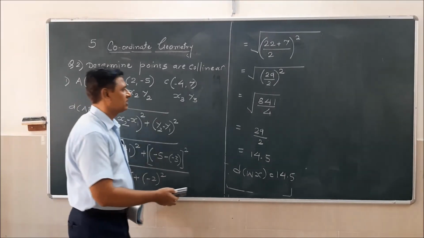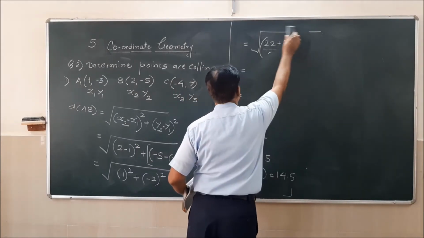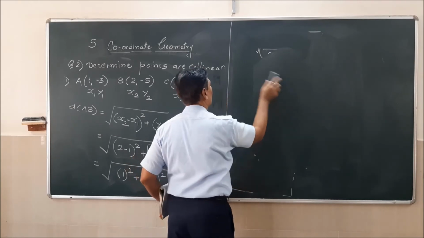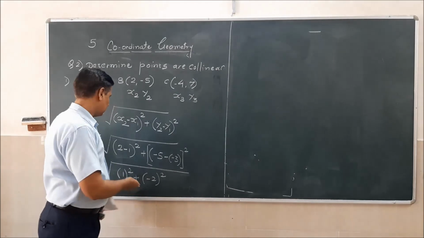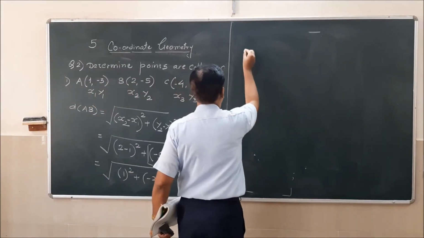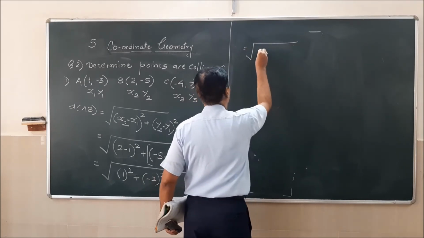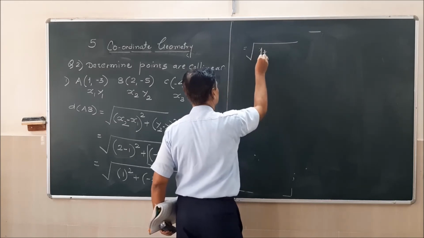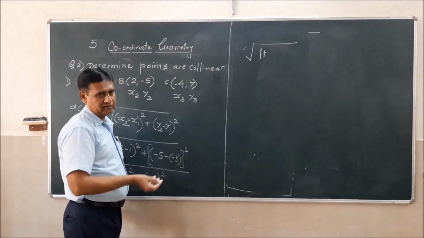You know this calculation well. Now let's see the next step. The next step is, I will calculate this as 1 square. Very simple. 1 square is 1 only. 1 plus minus 2 square.